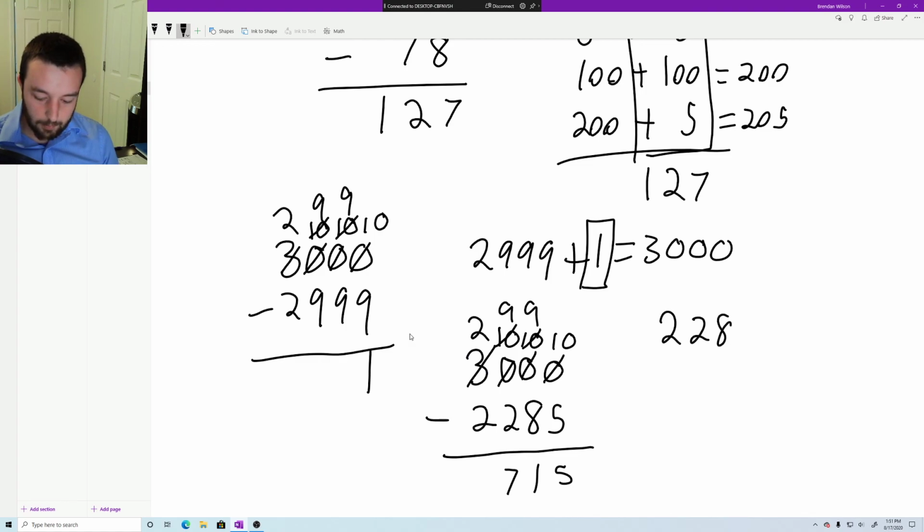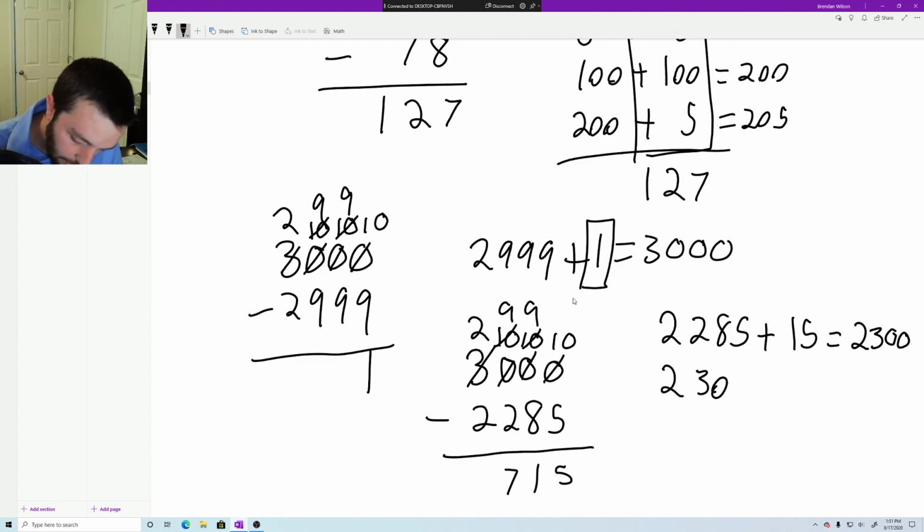Whereas if we do the count up method instead, we could maybe add 15 to get to 2300. And then we could add, where are we going to? 3,000? We could just add the other 700.